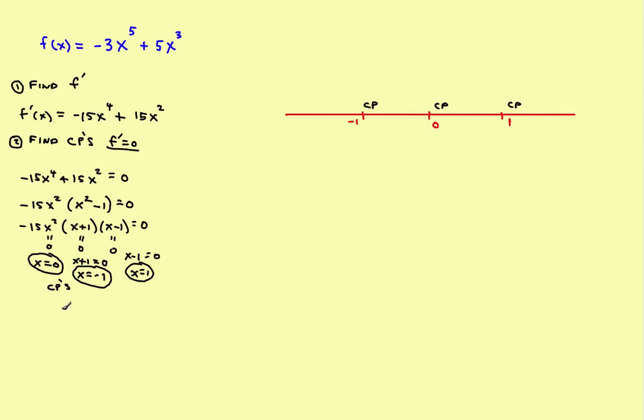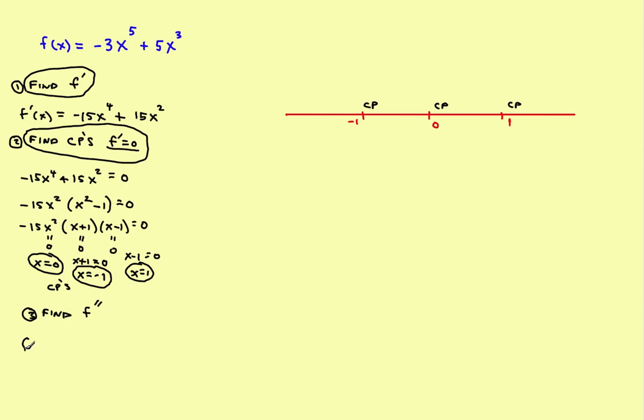So we'll call this step 3 right here. Step 1 was find the first derivative. Step 2 was use the first derivative to find the critical points, and now I know where your critical points are. And what step 3 is going to be, you're going to need the second derivative. So go ahead and find f prime prime.